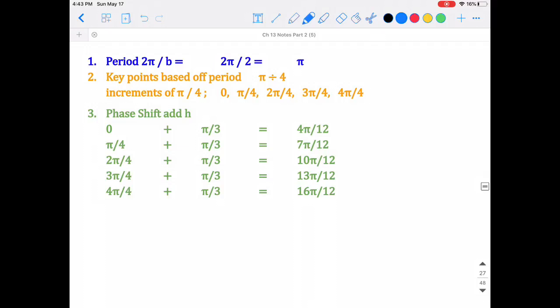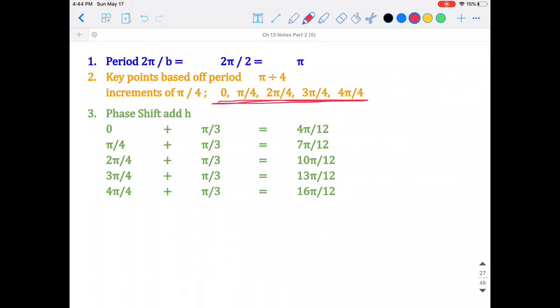Now step 3, we're going to determine our phase shift by adding h. From the equation, we know that our phase shift is pi over 3, so to each of our key points, we're adding pi over 3 to get our new x values, or the points on our x-axis. So we have 0 plus pi over 3, which gives us 4 pi over 12, and I converted everything to be over 12 so that everything has the same denominator.